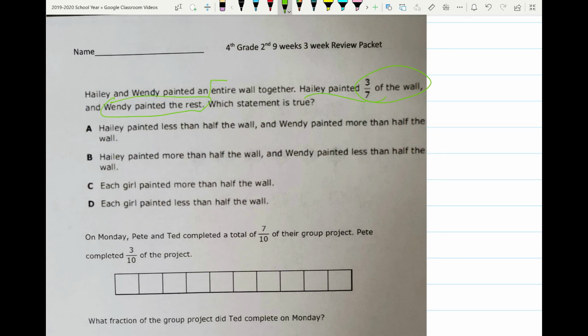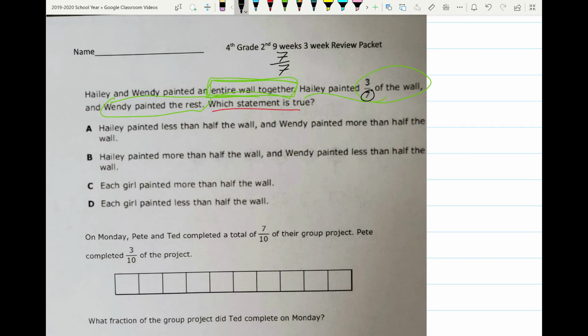Together they painted the entire wall. If I know my denominator is 7, and if an entire wall is filled, then my whole fraction will be 7/7, okay? Because I know 7 out of 7 is a whole number, then that means the whole entire wall is complete, okay?